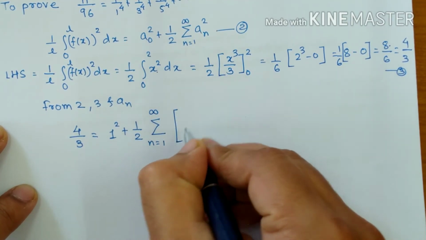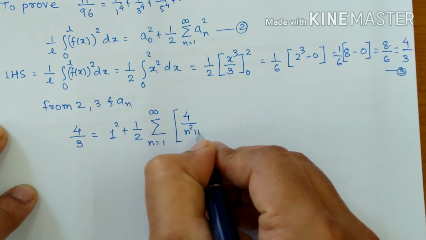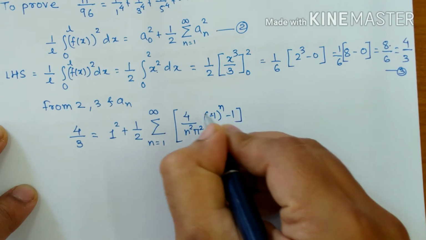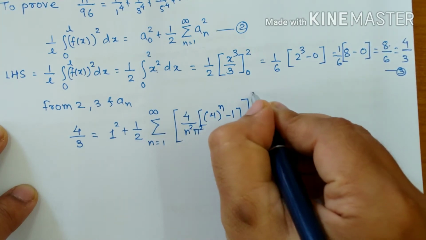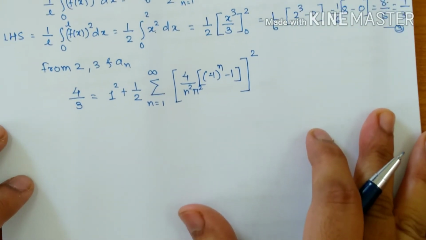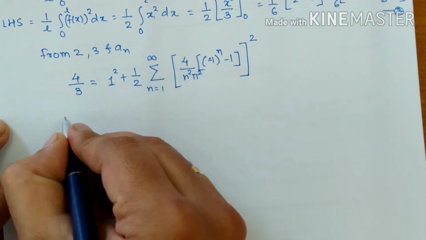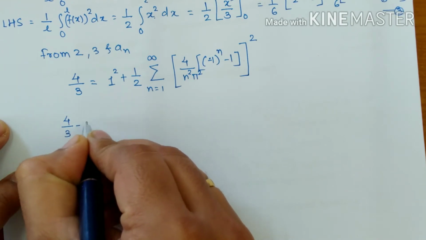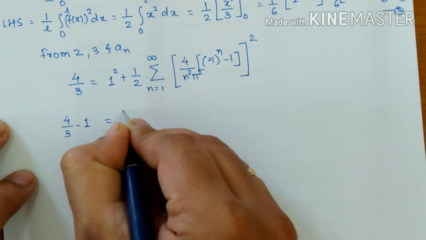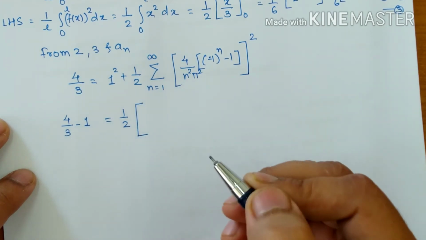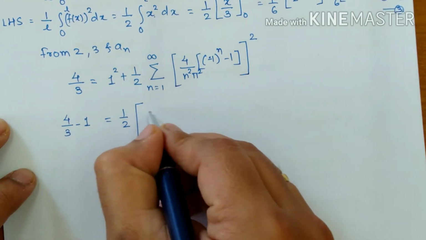What is the value of an? 4 upon n square pi square into minus 1 raised to n minus 1, and its square. Now, 1 square we will shift to the left side. So we have 4 by 3 minus 1 is equal to 1 by 2. Okay, we will expand this. We'll go for this squaring first.